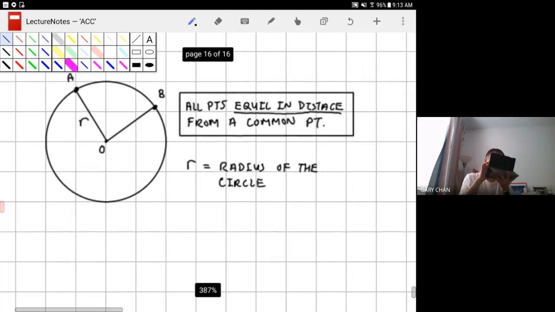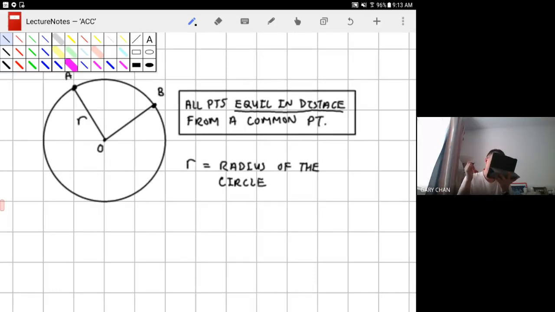There are some other terminologies. We can talk about distances in a circle, from any point on a circle to the center.